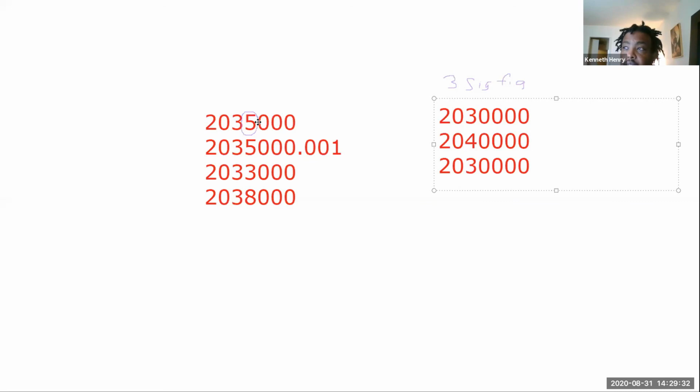If it's greater than 5, we round up. If it's less than 5, we leave it alone and put a 0 here. If it's equal to 5 exactly, with no numbers trailing it, then we round down. So it'll be 2, 0, 3, 0, 0, 0, 0, like we showed.